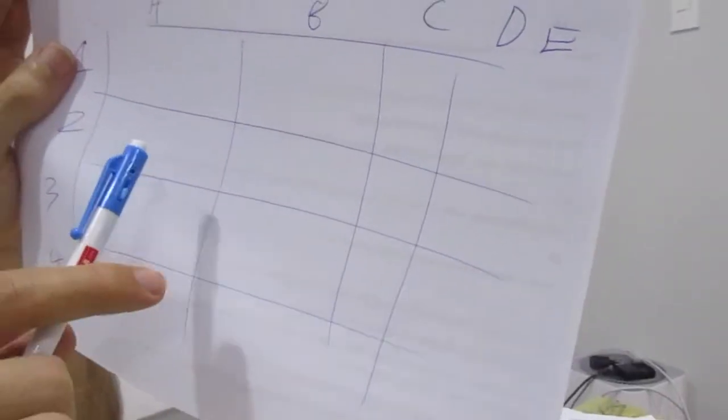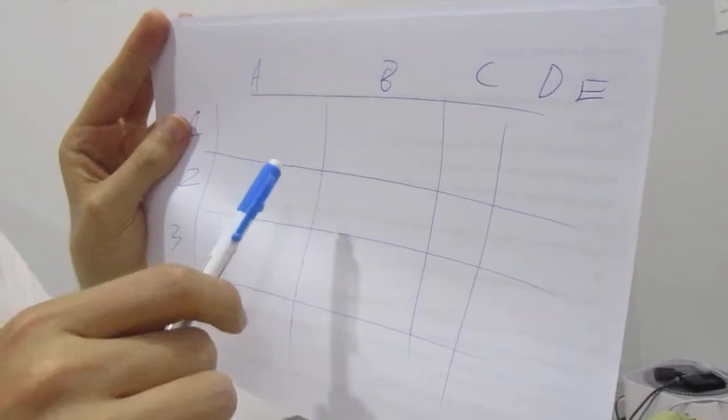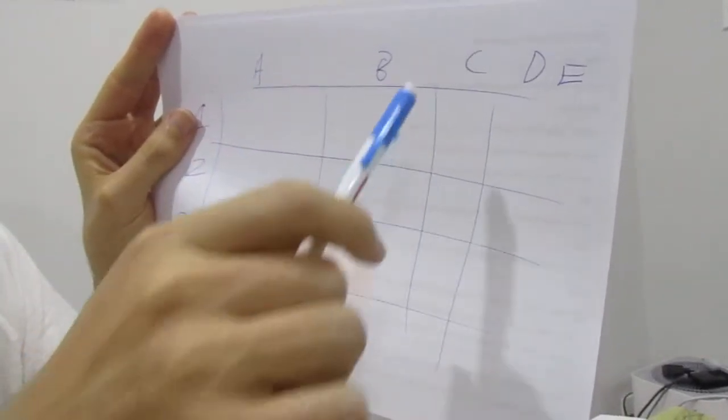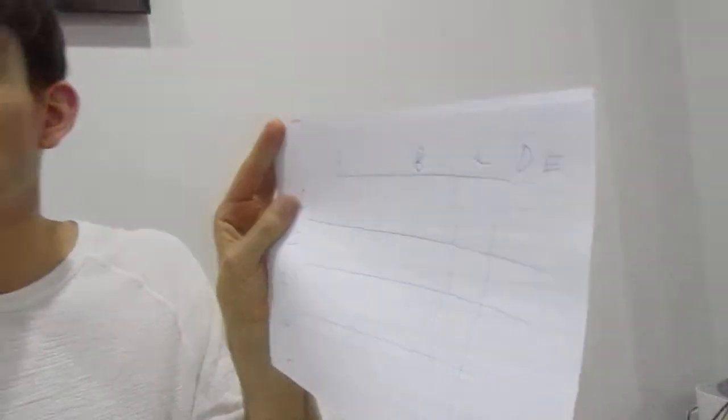But let me just quickly jot something down here. So I just would draw this on the board for the students. So all they can see is a blank grid. So they would have to choose like A3 or C2 or D5 without seeing what's inside it.